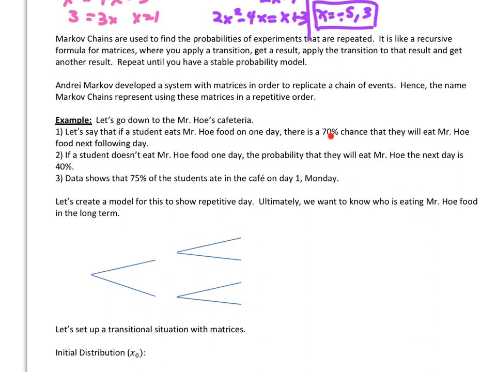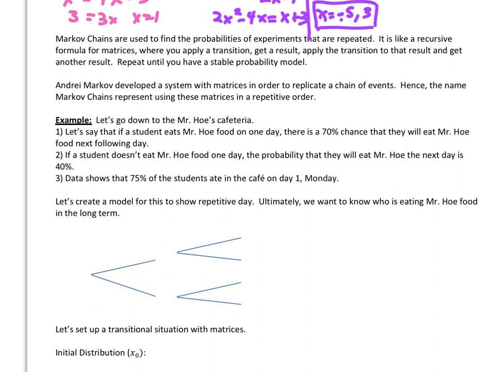Notice that if this is 70%, then the people that don't eat Mr. Ho's food is going to be 30. Similarly, this is 40% eating Mr. Ho's food the next day, then 60% would not. And so if we start off with some initial value, that's what we're starting off with here. Let's say 75% of the students ate in the cafe on day 1, Monday.